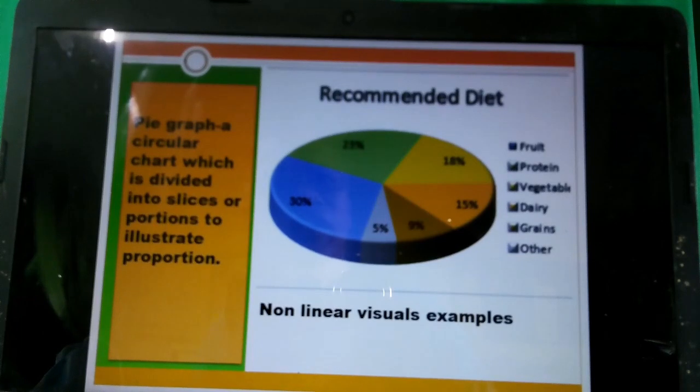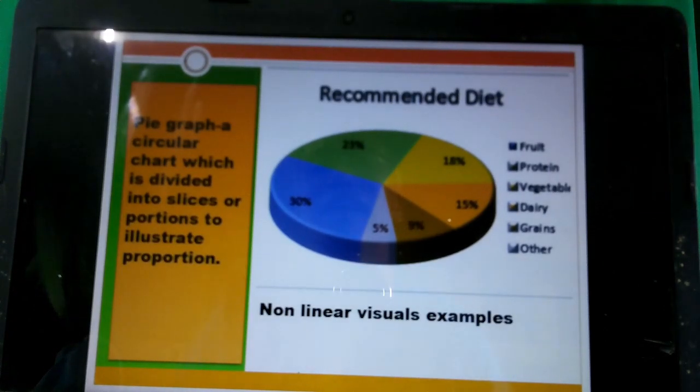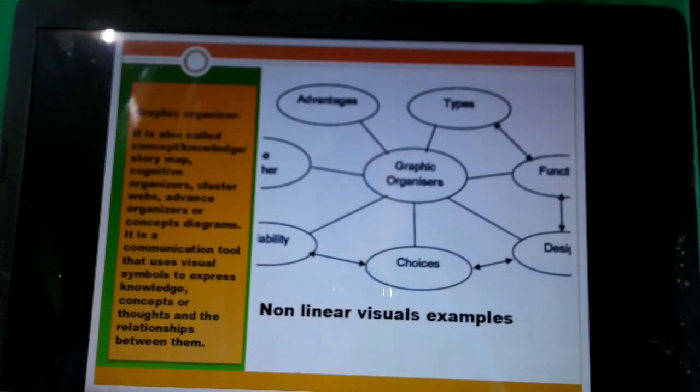A circular chart which is divided into slices or portions to illustrate proportion. The pie graph is just the same like that of a cake. So it's being sliced, divided into percentages.